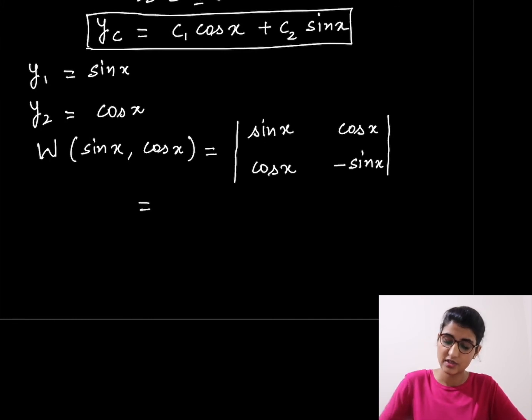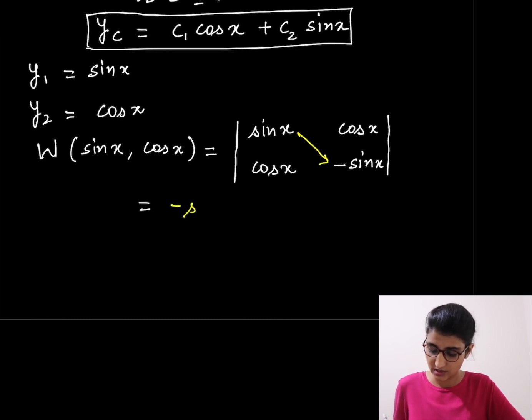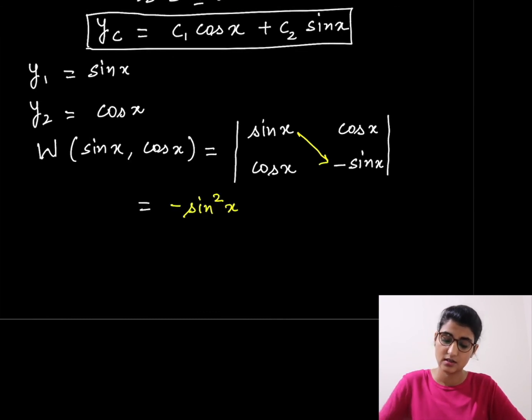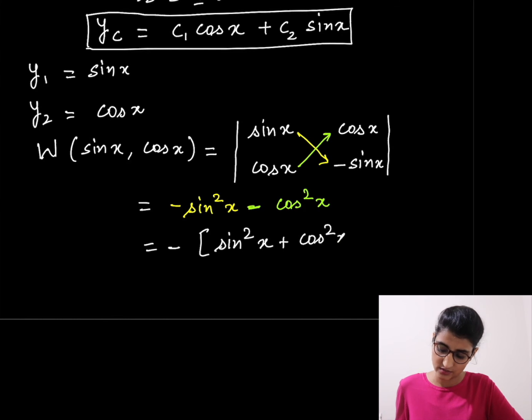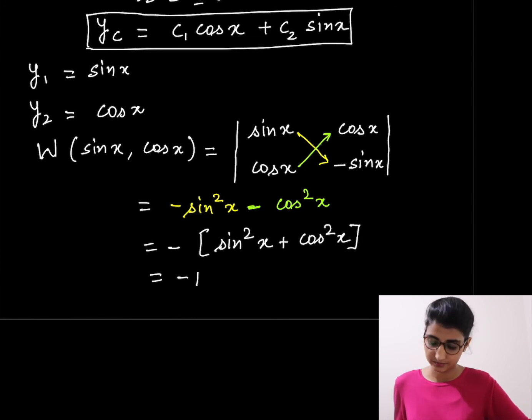So the determinant is going to be, we multiply the diagonals, we get negative sine square x, minus we multiply the off diagonals, which is cosine square x. If we pull out the negative, we have sine square x plus cosine square x, which using the trigonometric identity sine square x plus cosine square x equal to 1, the Wronskian is negative 1.